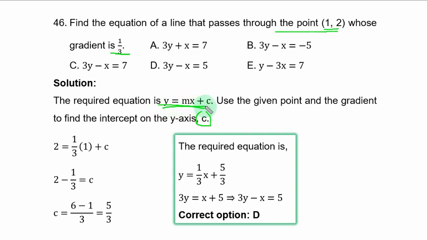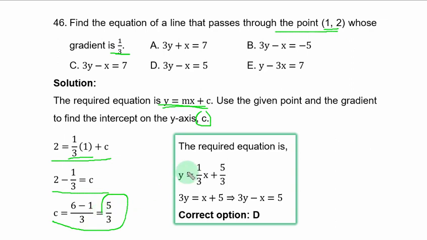So you replace y with 2, x with 1, and the gradient with 1 over 3 in order to get c. This term is 1 over 3. If you transfer it to the left, you have this result. If you simplify, c is equal to 5 over 3.